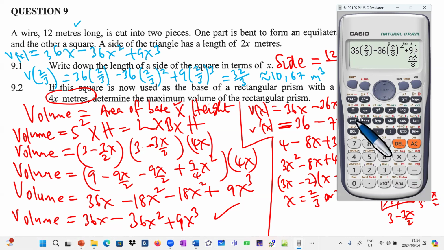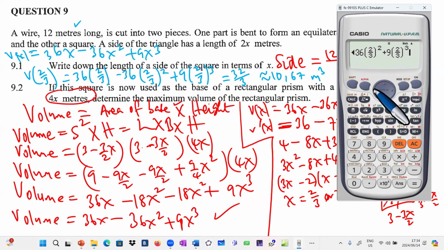Which is exactly 32 out of 3 once again. Then you press the S-D button, which gives about 10.6 recurring, which is 10.67 approximately. And therefore, that is what we have.